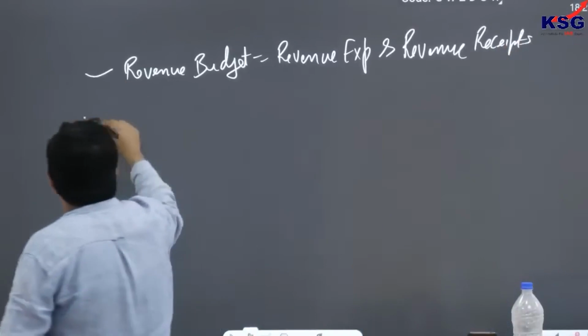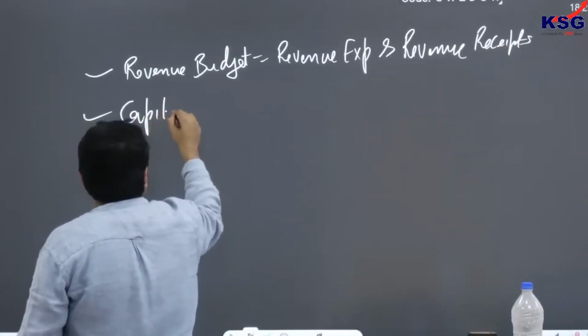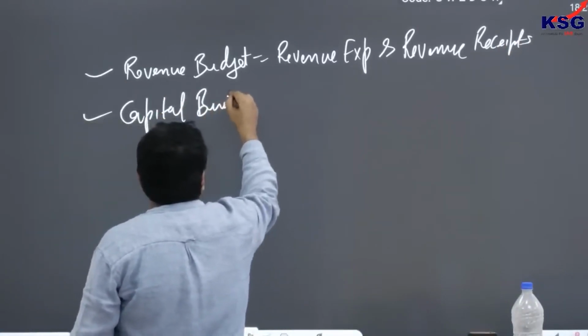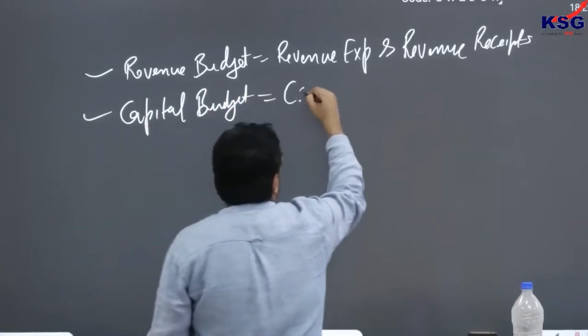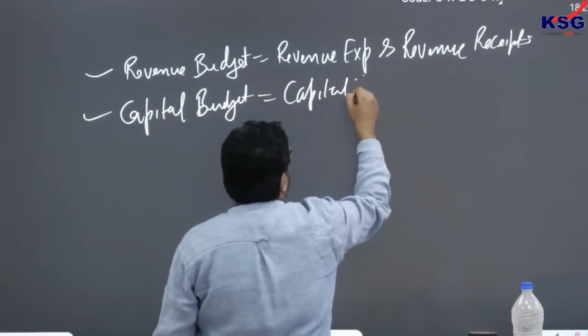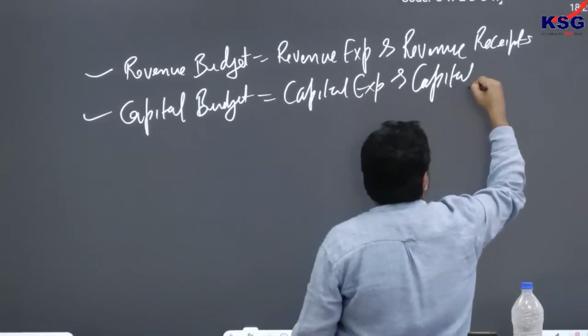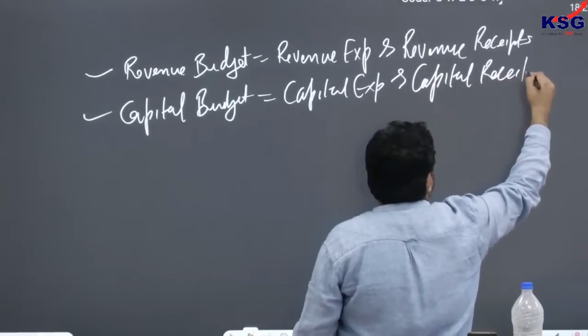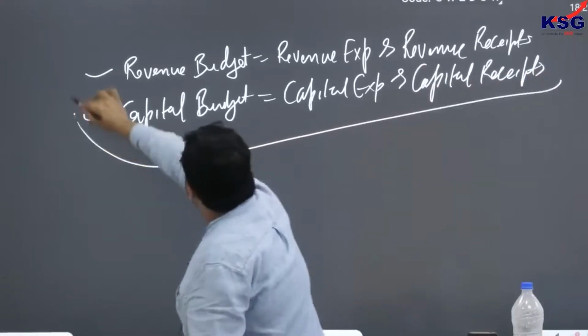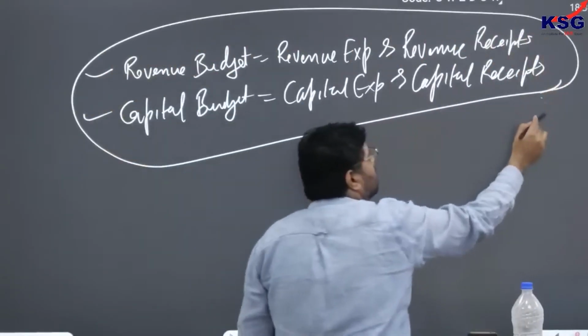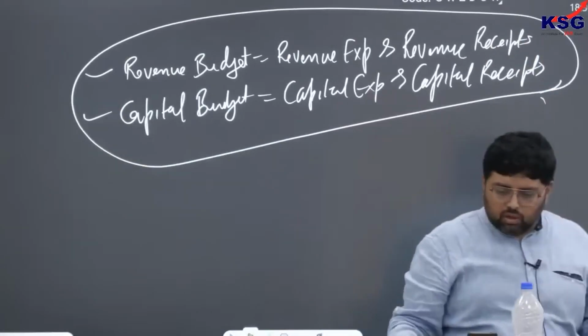But if they ask you a question, what is capital budget or what it includes, so it is your capital expenditure and capital receipt. So this is what you have to remember. Clear? This is what you have to remember. Clear?